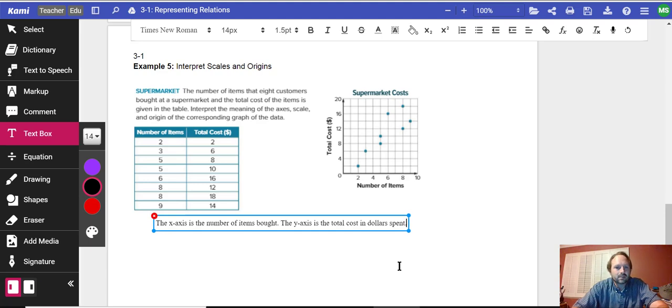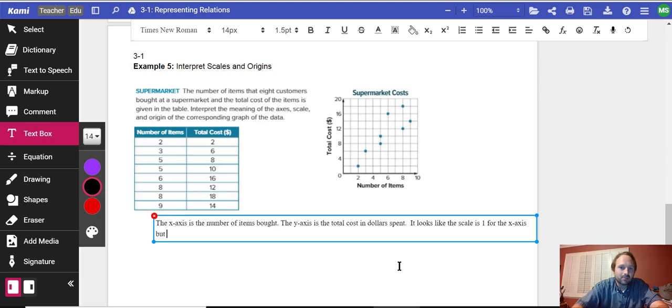All right, well, next up, it asks, what about the scale? It looks like the scale is 1 for the x-axis, but if you look up, it's going to be 0, 2, 4, 6, 8. It's by 2 for the y-axis. All right, next up, the origin. Well, nothing changes on this one.